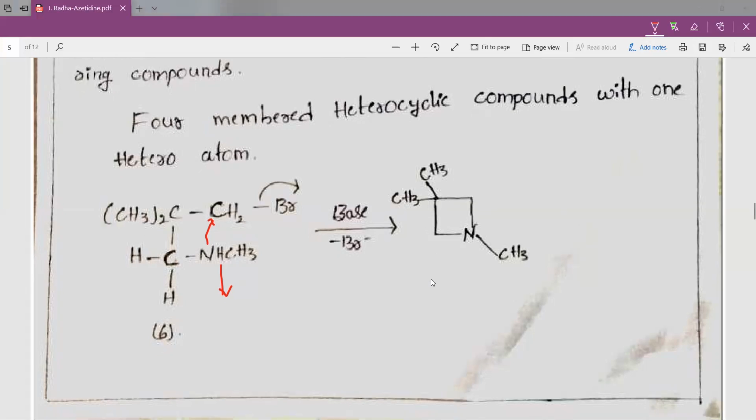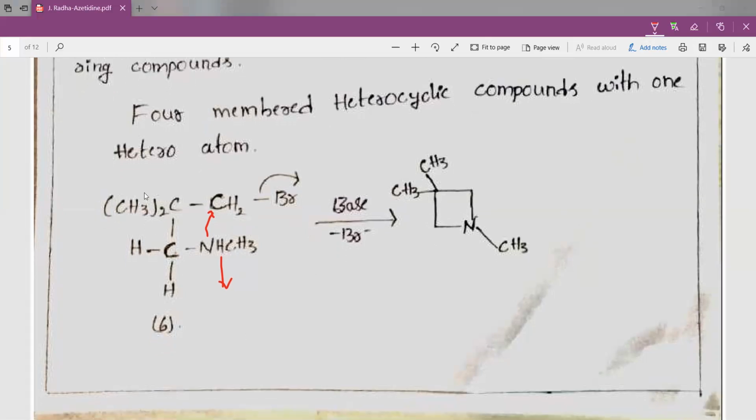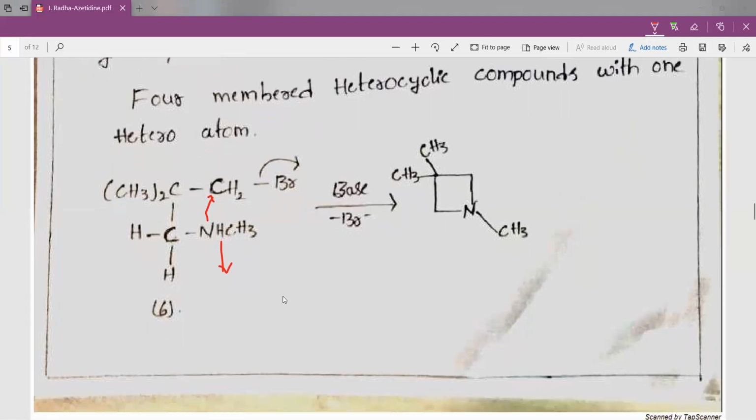So the yields are high when substituents are present in the alkyl chain. Therefore, simple azetidines are prepared by intramolecular cyclization of gamma haloamides.